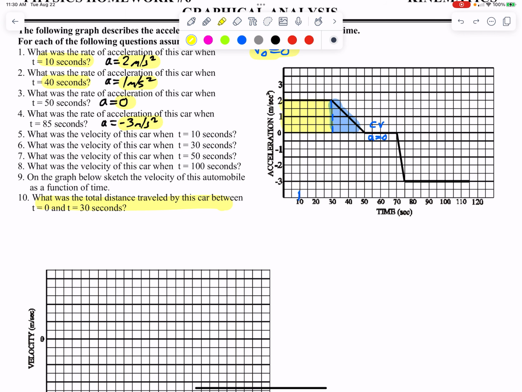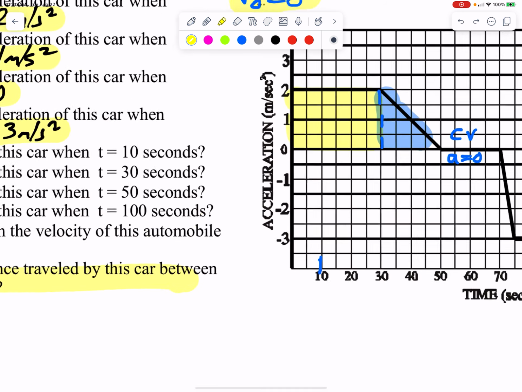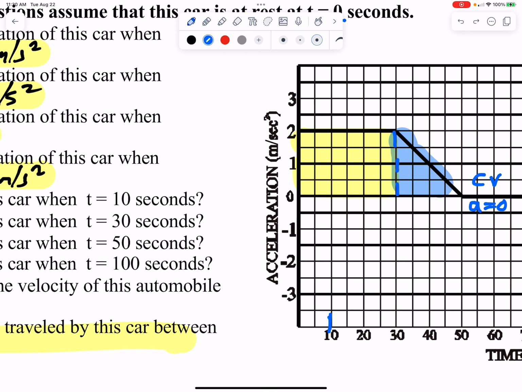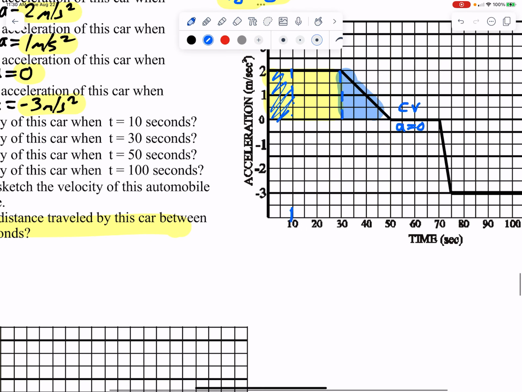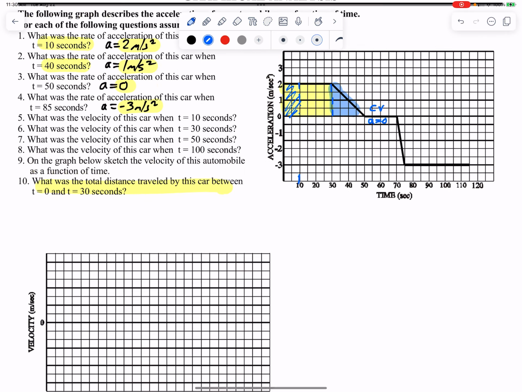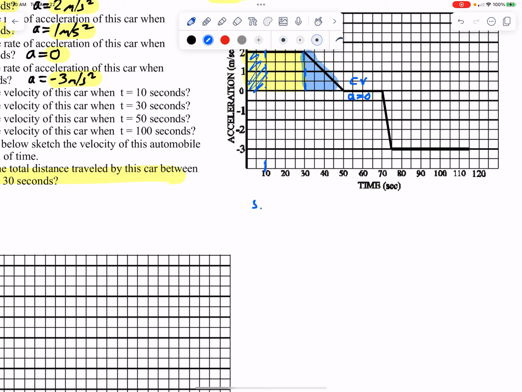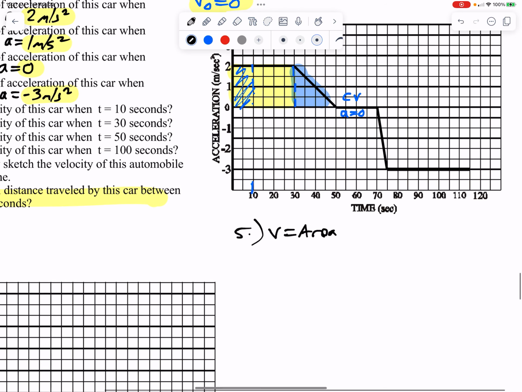All right, how do we figure out the velocity for the first 10 seconds? Well, that would basically be this. You're going to have this little rectangle right there to find the area of. So for number 5, the velocity equals the area, which would be, this is a rectangle, mind you, so it would be 10 seconds times a height of 2 meters per second squared.